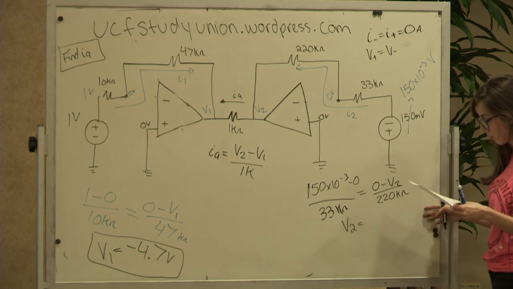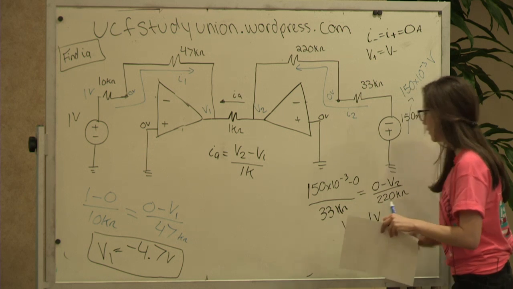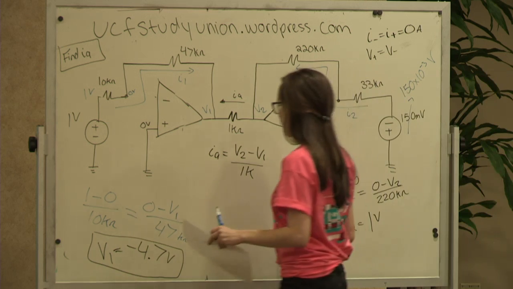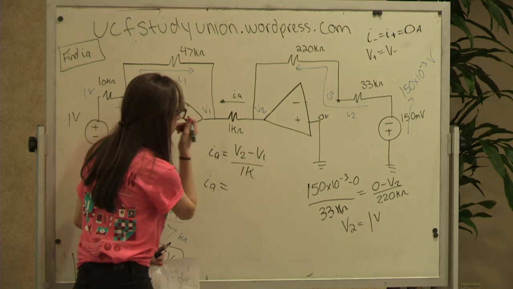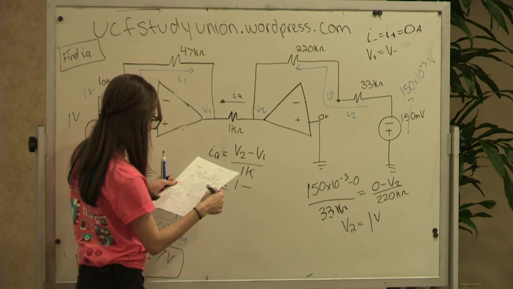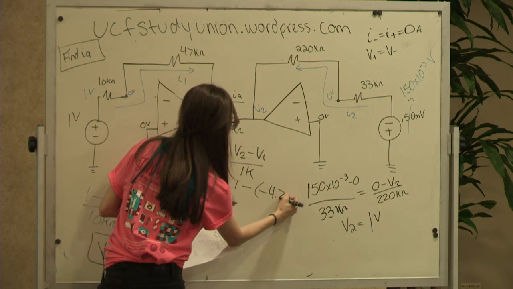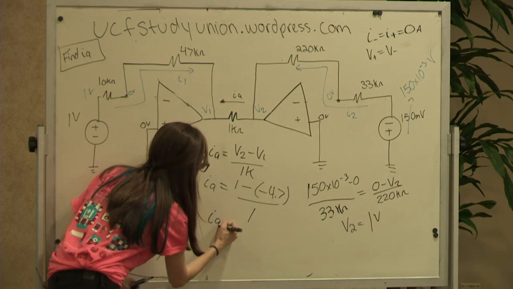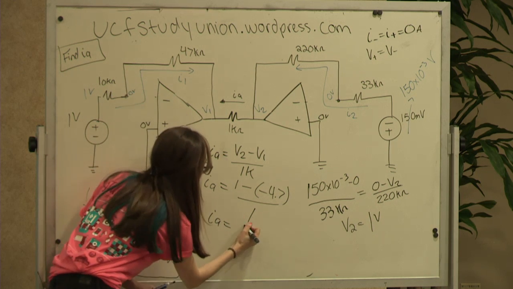Did anyone do the math for this? Oh, 1 volt. I'm getting 1 volt too. Okay, cool. So now we have V2 and V1, and like I said, we set up this equation. IA will just equal V2, which is 1, minus negative 4.7, over 1, and that means IA equals positive 5.7 milliamps.